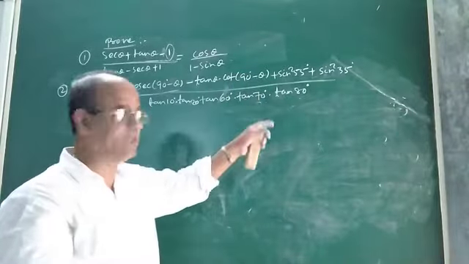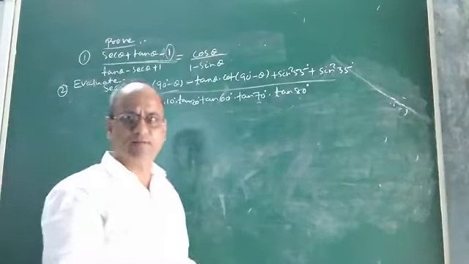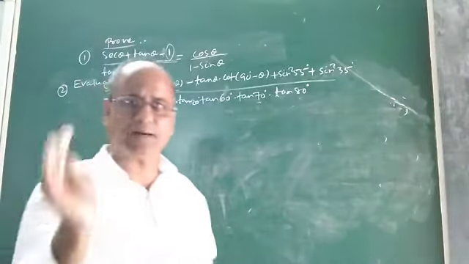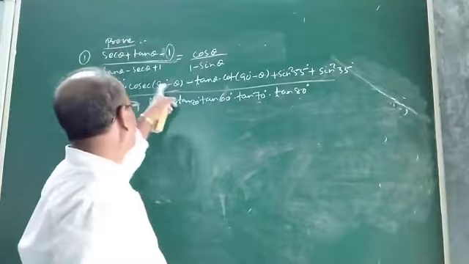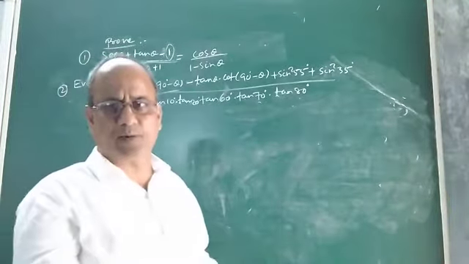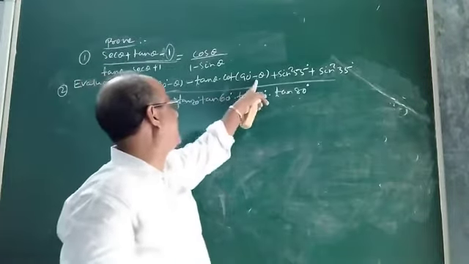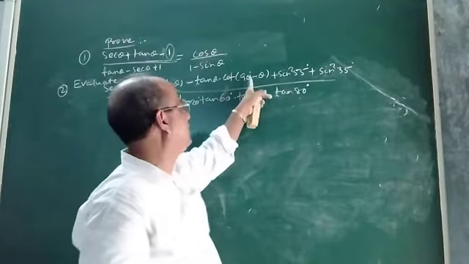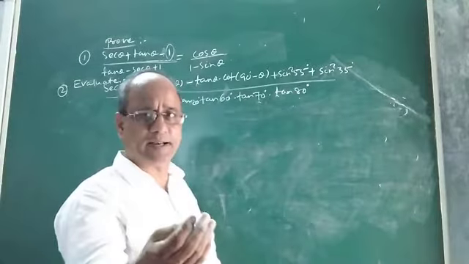Let us find out. Children, you know what is the formula for cosec 90 minus theta? Trigonometric ratios of 90 minus theta you already know. Cosec 90 minus theta, what will be its formula? It will be sec theta. Cot 90 minus theta, it will be tan theta. Then ratios of complementary angles we know.